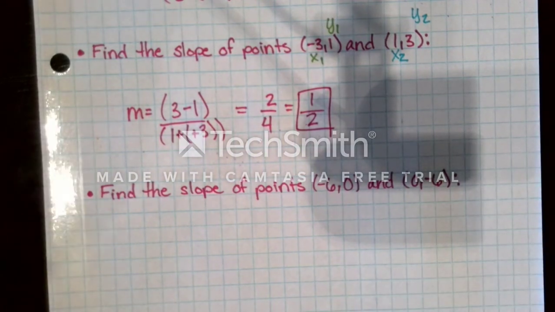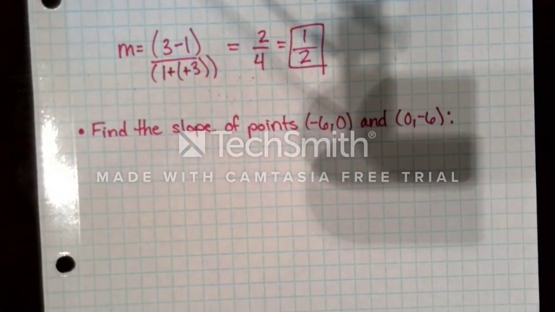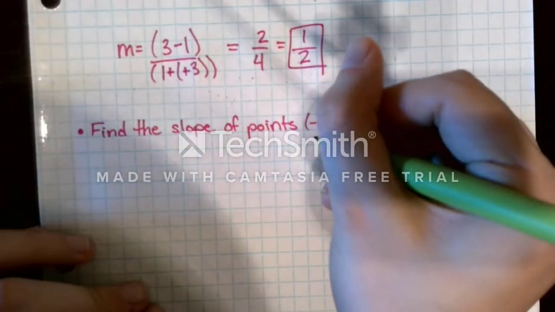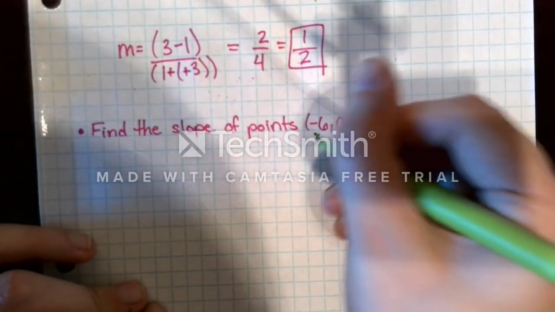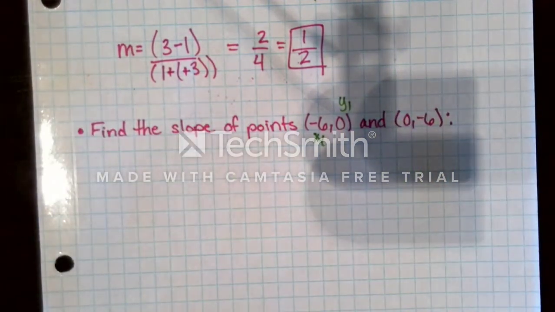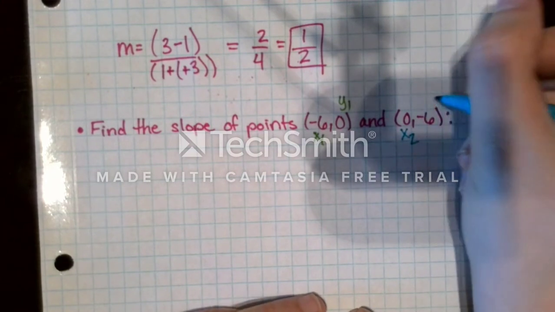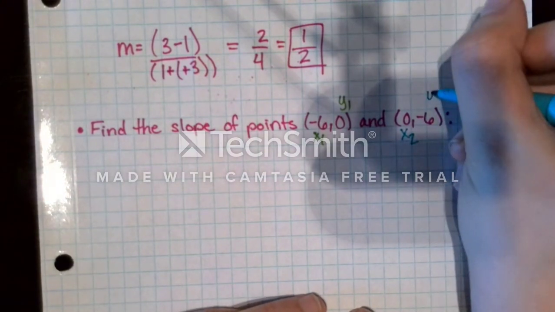And finally, we have a slope of 2 points, (-6, 0) and (0, -6). With -6 being x1, 0 being y1, 0 being x2, and y2 being -6.